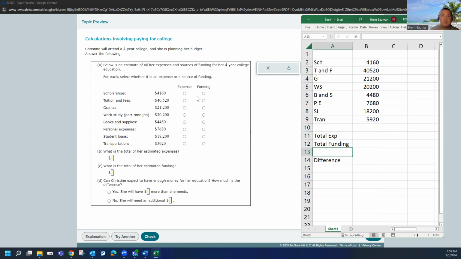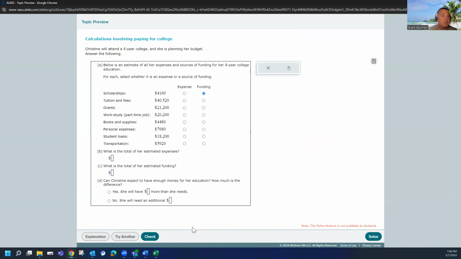So we need to first identify, are these expenses, do they cost us money right now, or are they funding? So let's look at what we have. We have scholarships. This is going to be an example of funding. Someone's giving us money to fund the school.